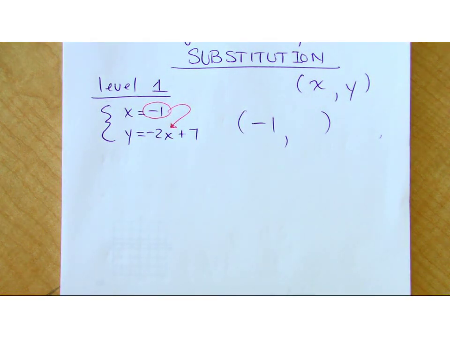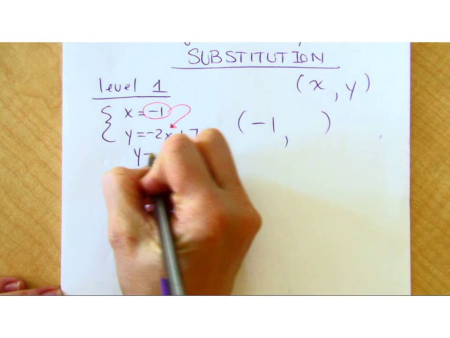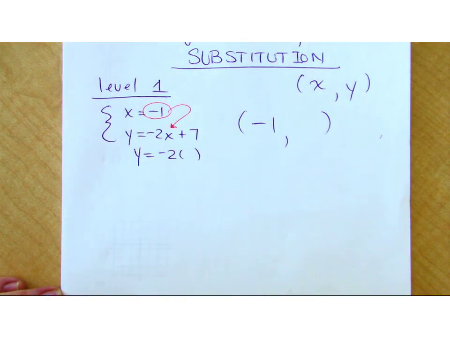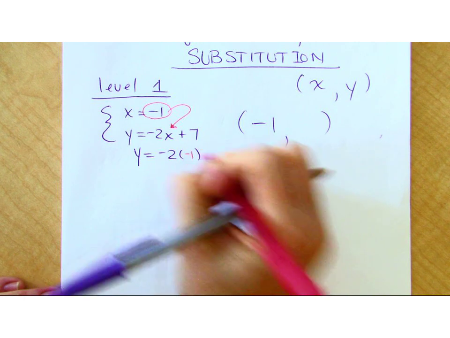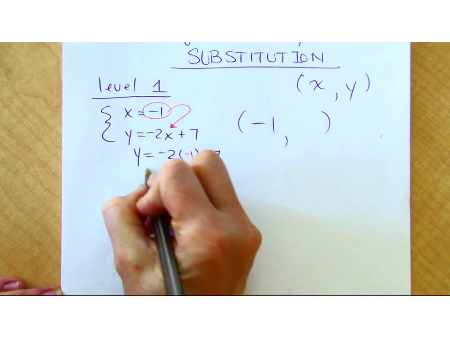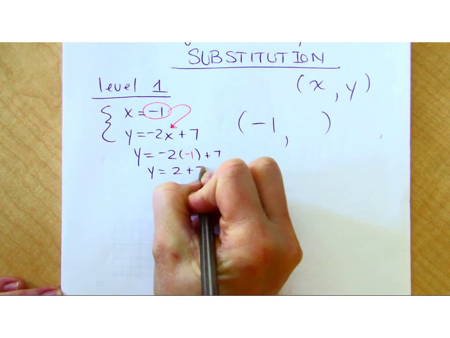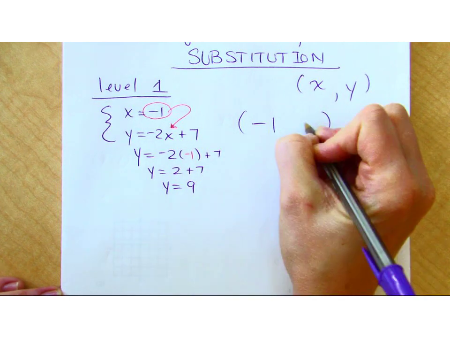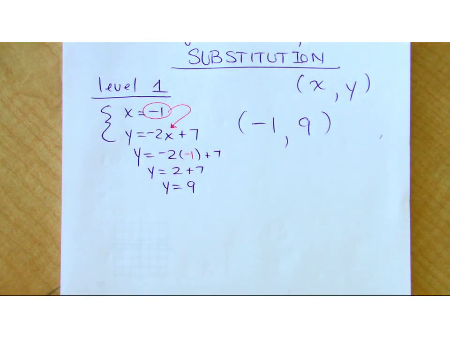And you're multiplying it by -2 and you're adding 7 and there's your y. Ta-da. So y is going to equal -2 times the x value that they gave you. And then your y is equal to 2 plus 7, which means your y value is 9 when your x value of -1 was given. That is a level 1.